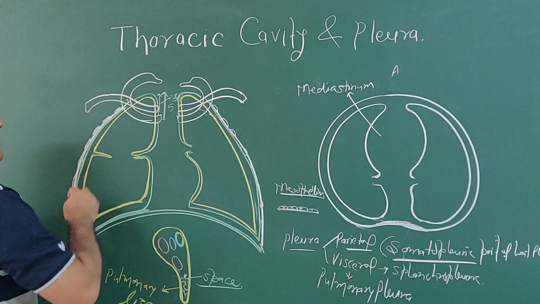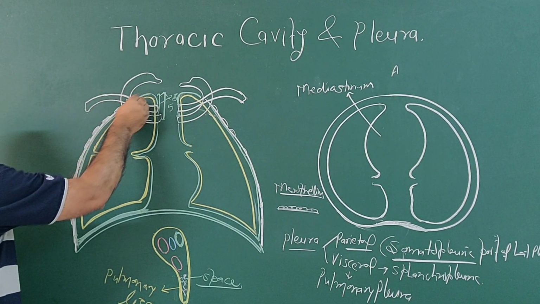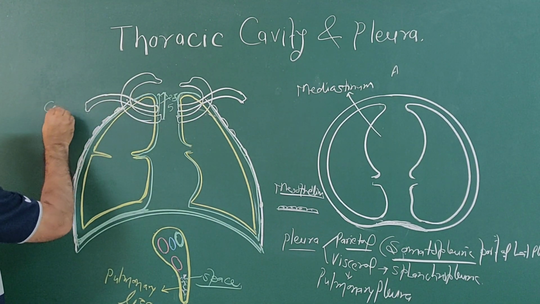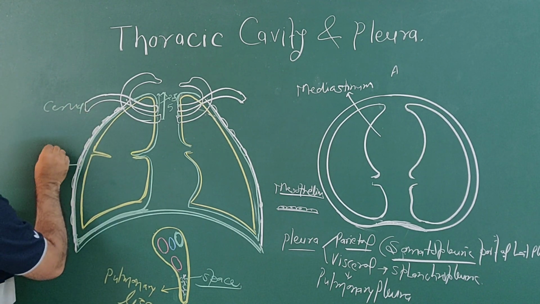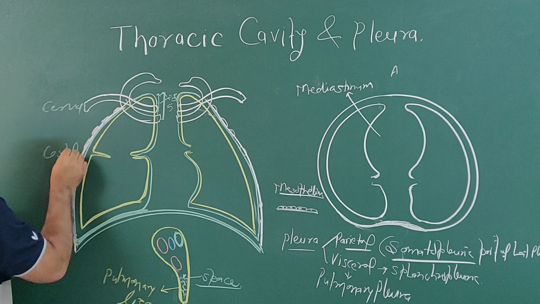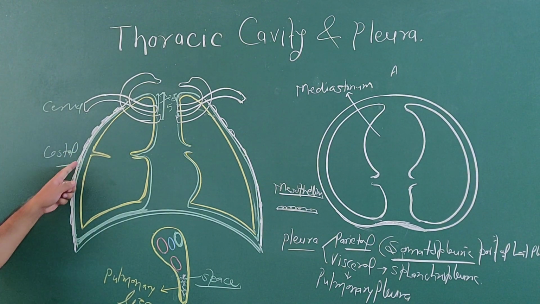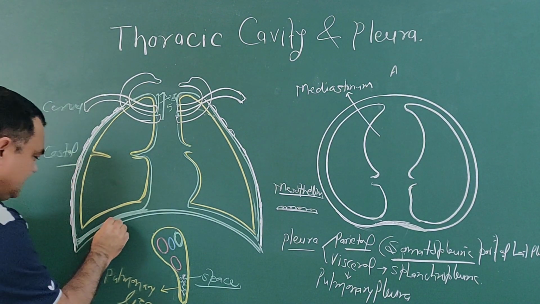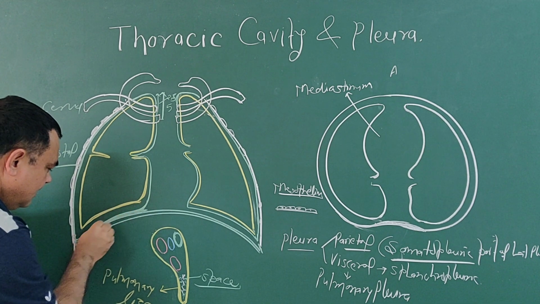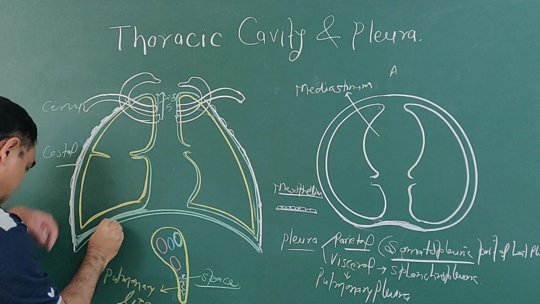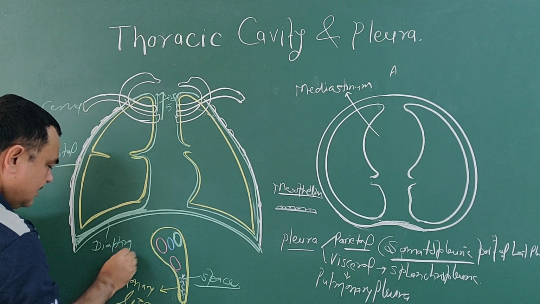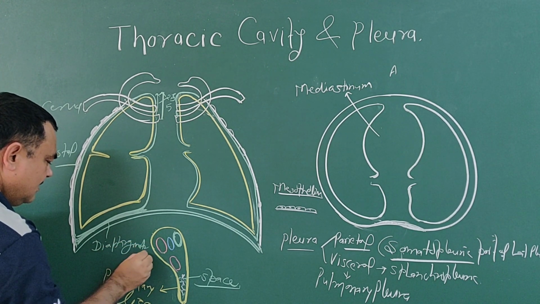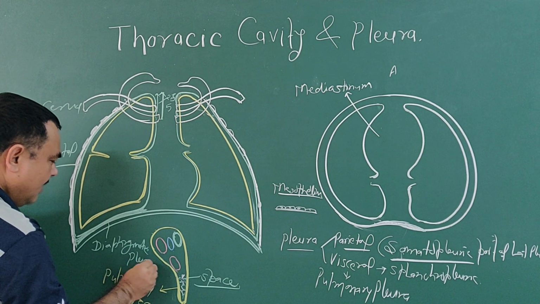So this is cervical region. So this pleura can be divided to cervical part. This is cervical part. Here is costal pleura because it is related to the ribs. Here is this pleura, diaphragmatic pleura. This is diaphragmatic pleura.